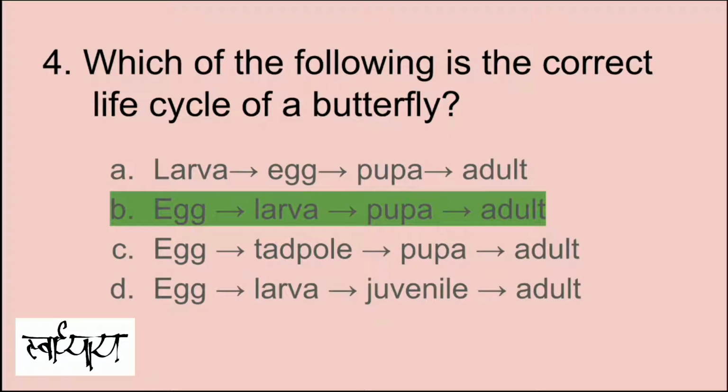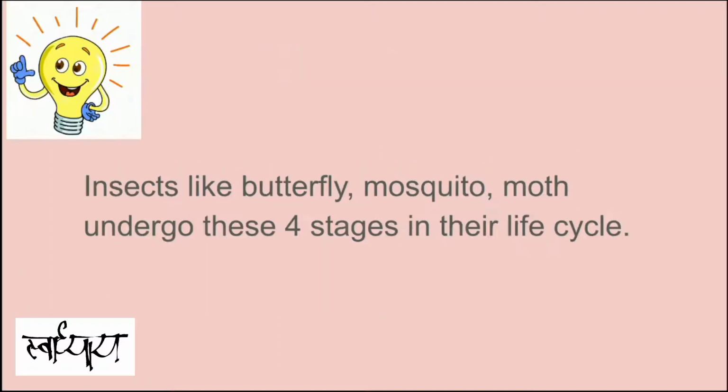Answer B. Egg, larva, pupa, adult. Insects like butterfly, mosquito, moth undergo these 4 stages in their life cycle.